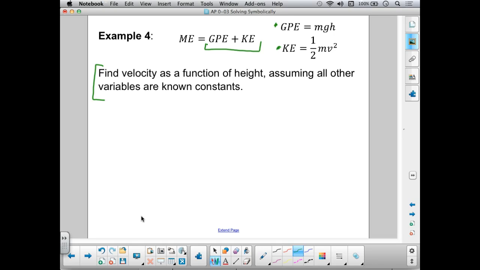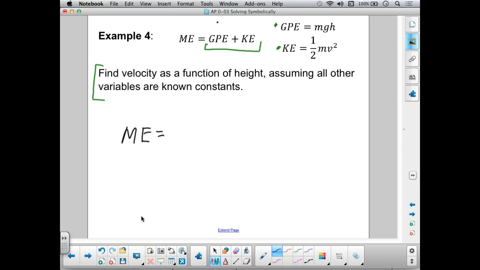Okay, here we go. The easiest way to get the GP and the KE into the same equation is to just plug them into the definition of mechanical energy, which is our first equation here. So I'm just going to substitute in these values.